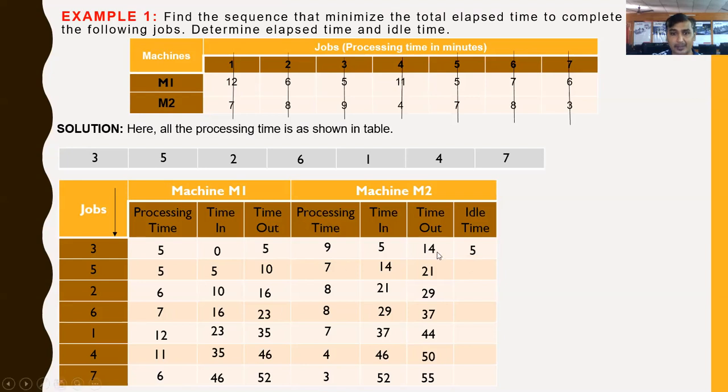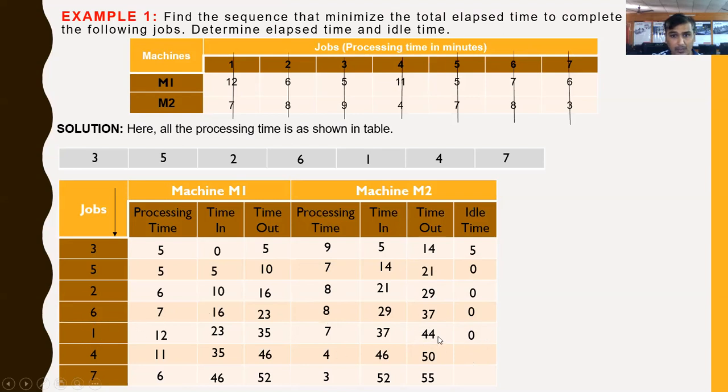Next, timeout is 14 and 10. So here idle time is 0 or dash. You can also write down a dash. Next, 21 and 16. Here the machine is not idle, so again 0. Next 29 and 3, again 0. 37 and 35, again 0. Here the timeout on machine M2 is completed.